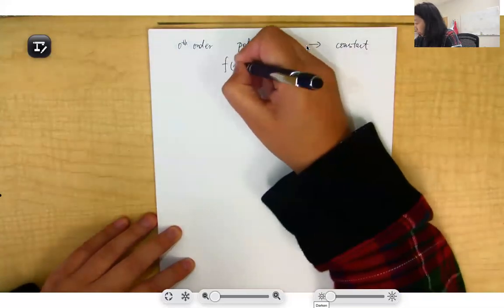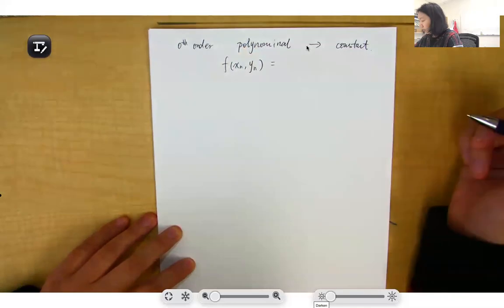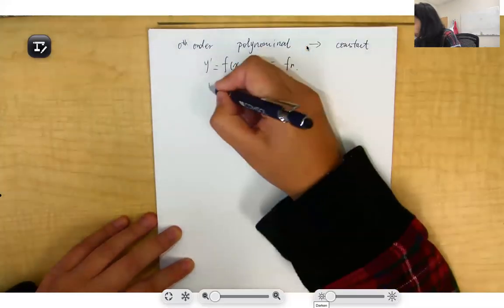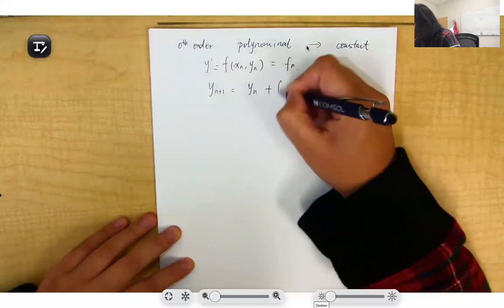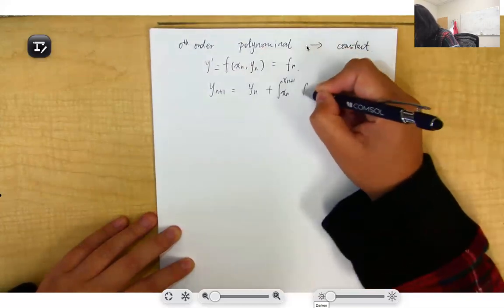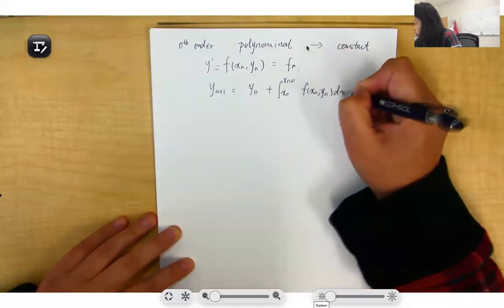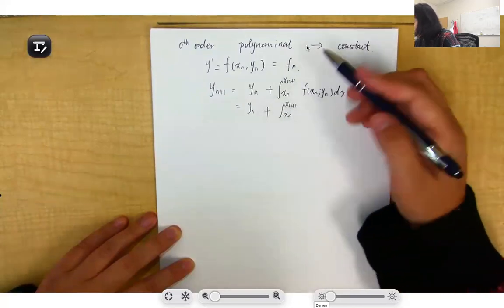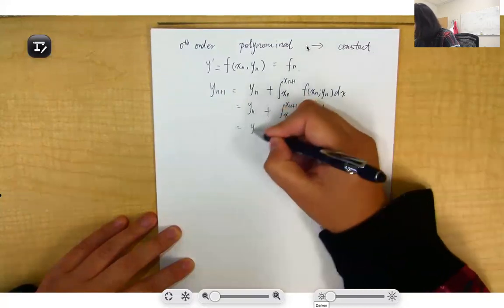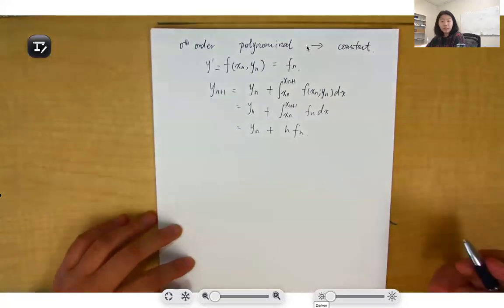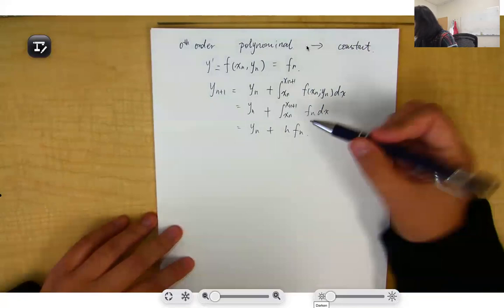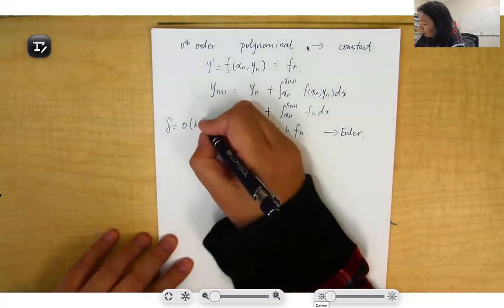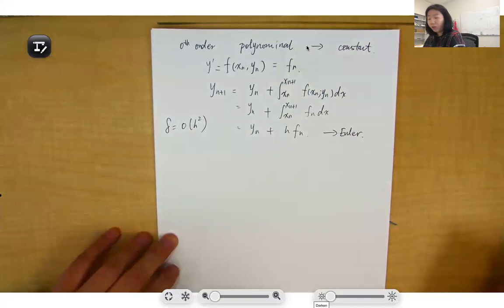You assume that f(x_n,y_n) is just a constant, we say f_n. Then y_{n+1} equals y_n plus the integral from x_n to x_{n+1} of f(x_n,y_n) dx, which is y_n plus the integral of a constant dx, basically y_n plus h f_n. You can see that this is the same form as Euler's method, right? The local error will be on the order of h squared. The global error will be on the order of h.